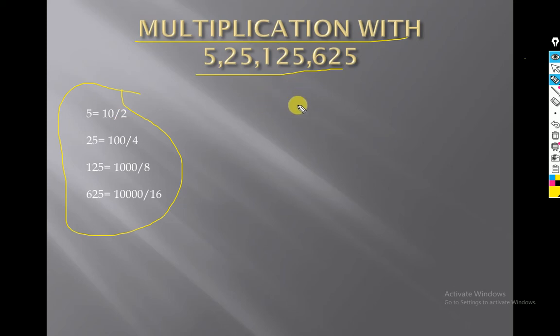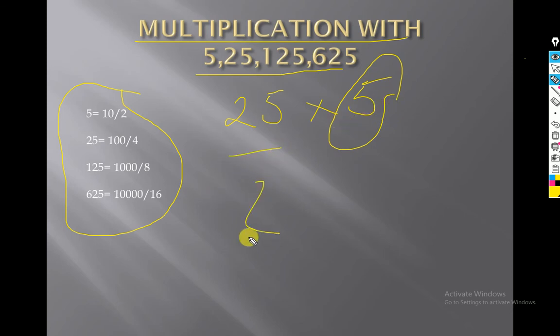Suppose I am writing 25 into 5. We don't need to waste our time multiplying it by 5. What we should do is divide it by 2, that is 12.5, and then multiply it with 10. We will get 125.